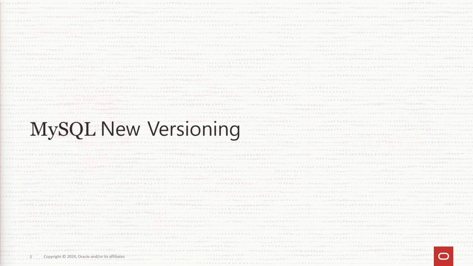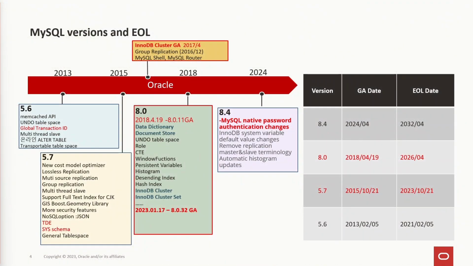Before starting what's new in MySQL 8.4, I have to introduce the new versioning. This is important. Some of you already know about it, but some of you don't. You saw this several times before this session, but I'll mention that the 8.0 EOL date is 2026.